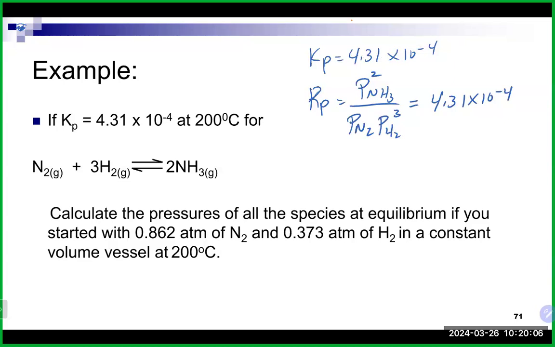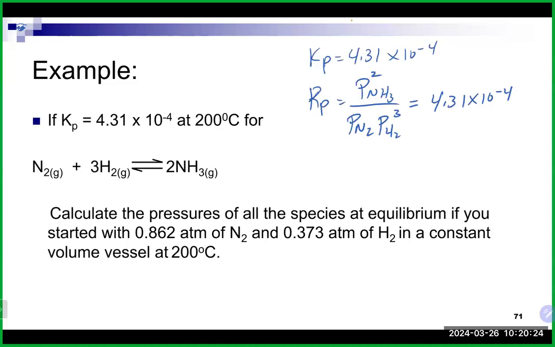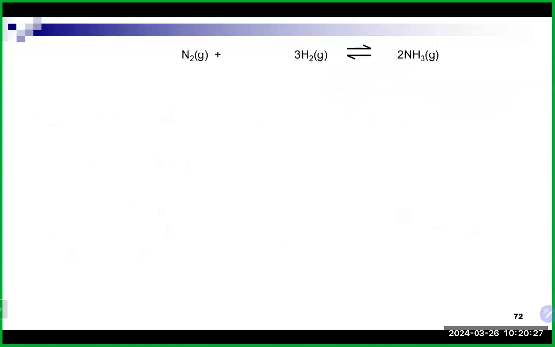So we can go right into our ICE table. And we could use our pressures there the same way. Initially here we have 0.862, we have 0.373, and once again, no mention of any pressure on our product, so we could assume 0.